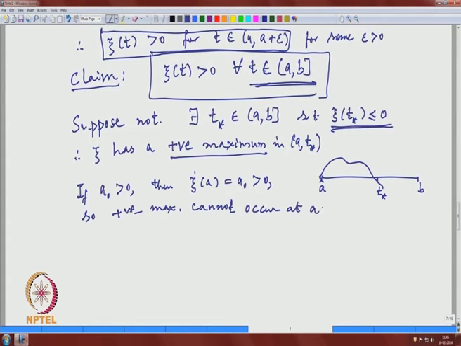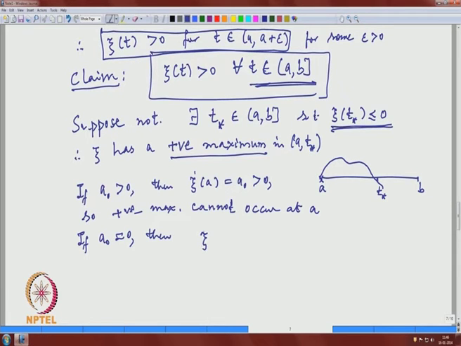Okay. And if A0 is 0, then look at J double dot A from the equation. So, go back to the equation.